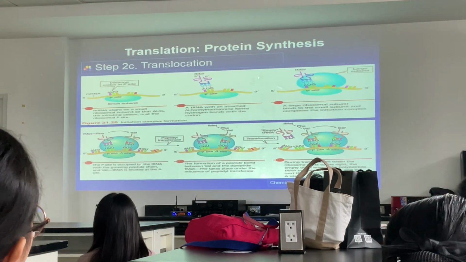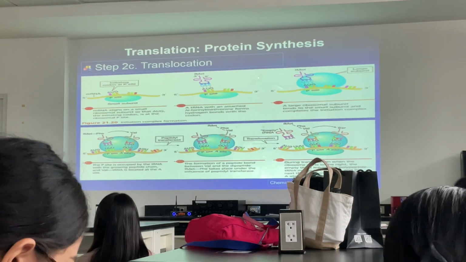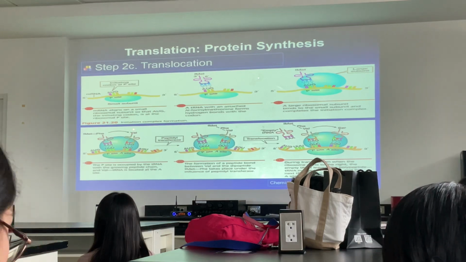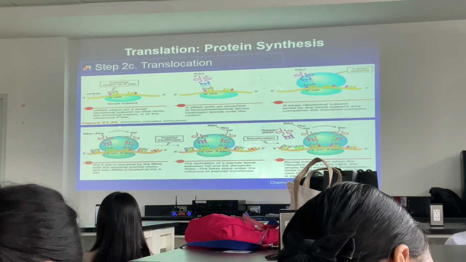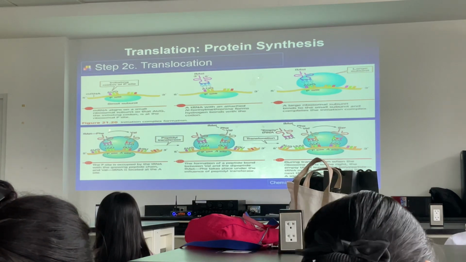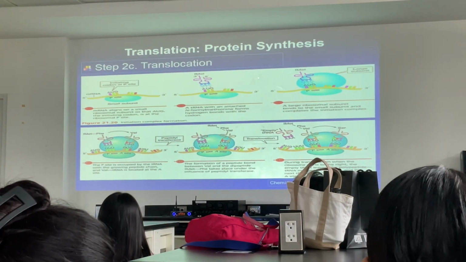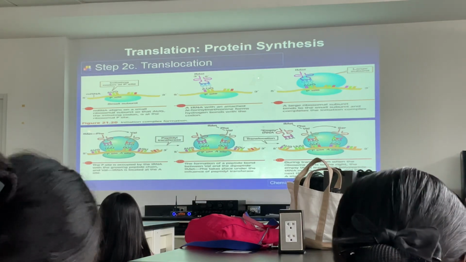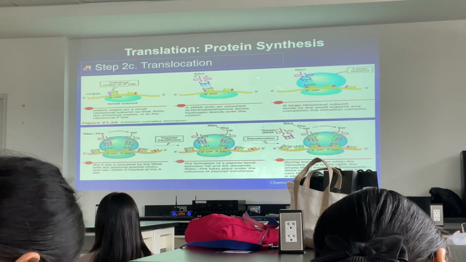And then another tRNA will now attach to the next codon, bringing another amino acid. And then peptide bond formation will occur between valine and phenylalanine. And then this tRNA will become empty after a bond is formed between phenylalanine and valine. So this will become empty.